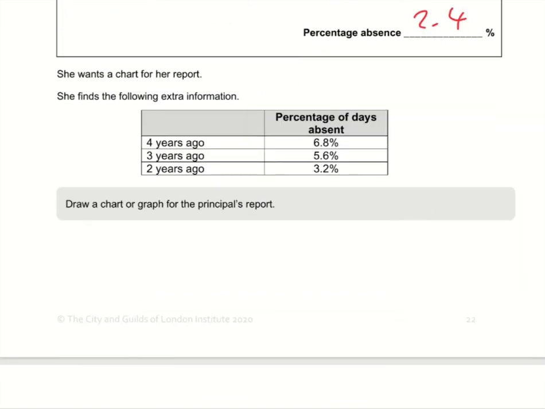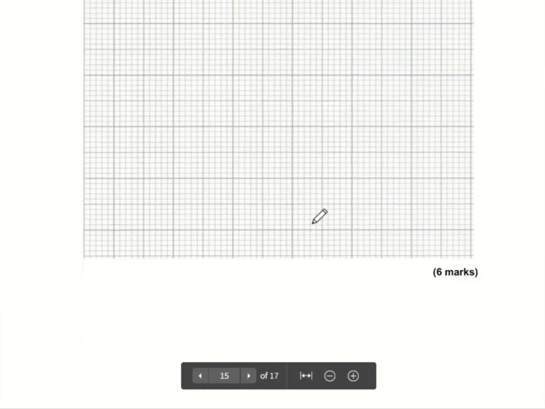So for the final part of this question, what we need to do is put this information into a chart or a graph. So we've got this information plus the last year, which is 2.4%. Okay, so I think what I'm going to do is a bar chart. So I'm going to have number of years ago.